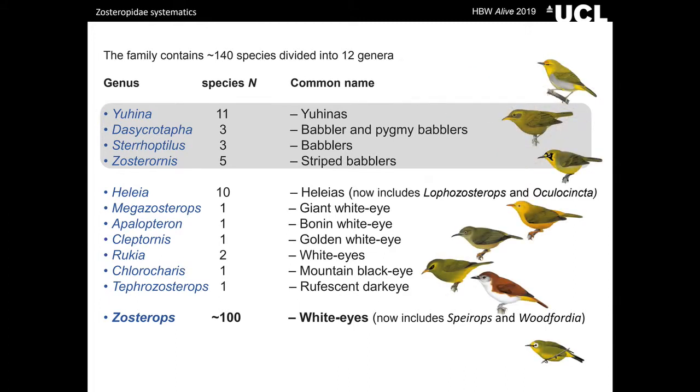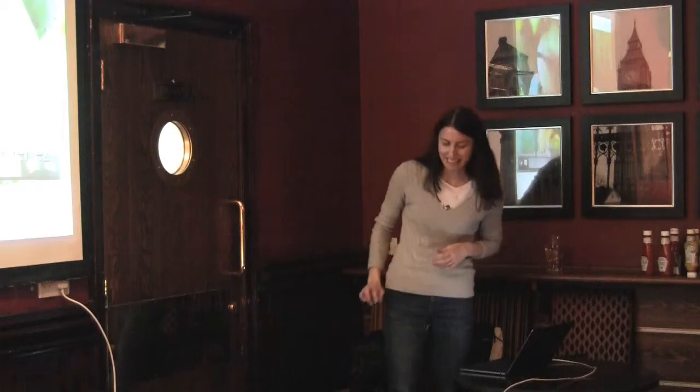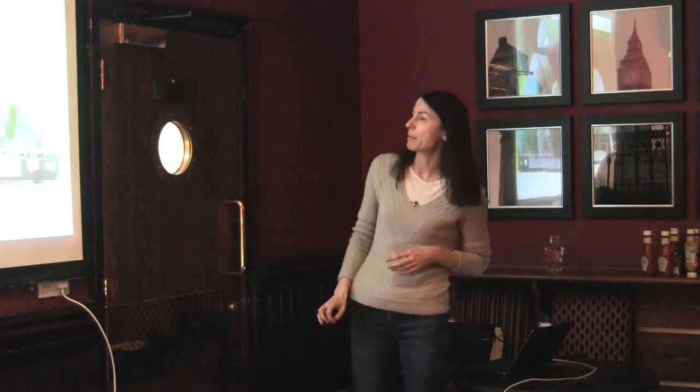But when we look at the rest of the group, they're quite homogeneous, aren't they? They all look quite similar. This one has a little bit of variation. I've included an example from each of these genera here. Okay, and we can have a quick look at some of these. Let's hope these videos work, which I downloaded shamelessly from Birds of the World.